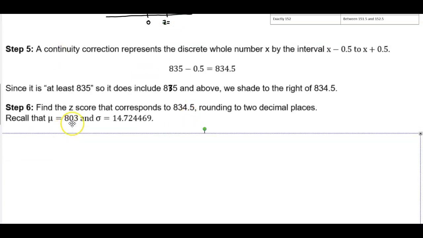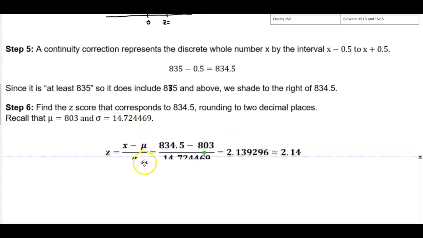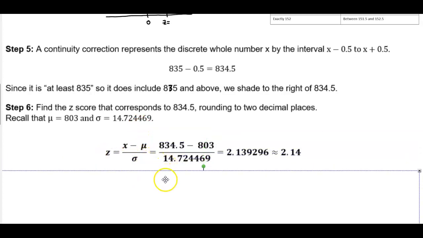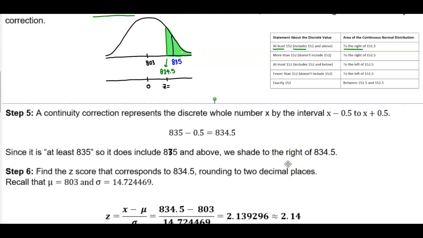We're going to use the mean of 803 and the standard deviation of 14.724469. Let's plug it into our z-score formula: 834.5 minus 803 divided by 14.724469 gives us 2.139296. Rounding it to 2 decimal places gives us a z-score of 2.14. So our z-score up here is going to be 2.14.